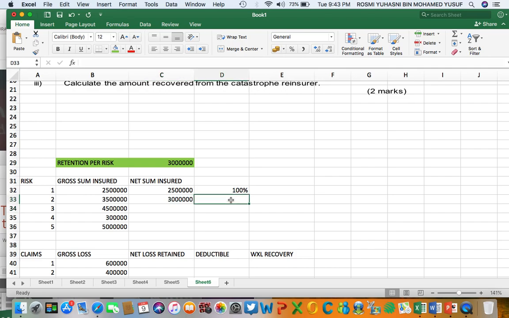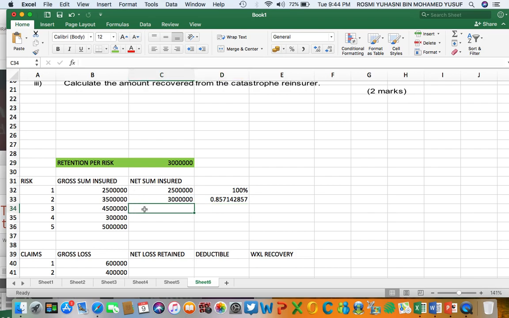In terms of percentage, how much will be the percentage retained? So let's calculate. Divide by the gross. Roughly, insurer will retain up to 85% of this risk.